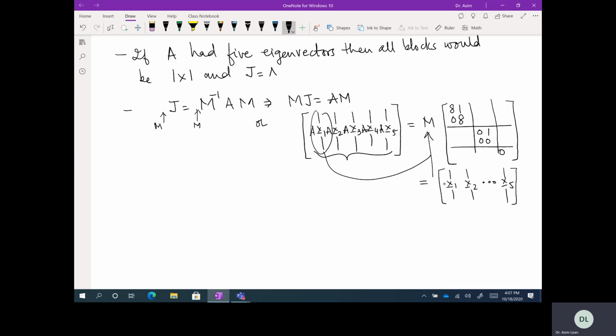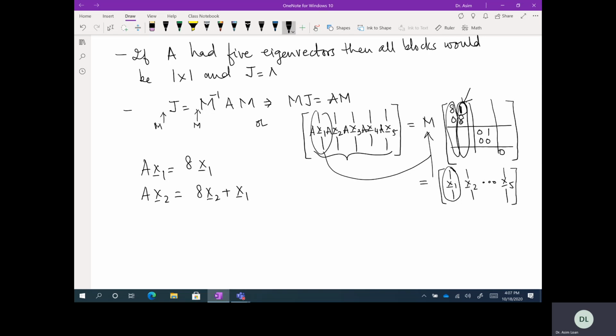So the first column gives A x1 equals 8 times x1, and the second column gives A x2 equals 8x2 plus x1, because we take the previous column.